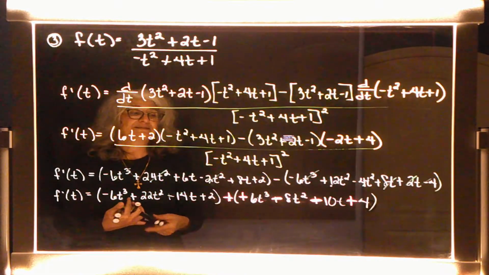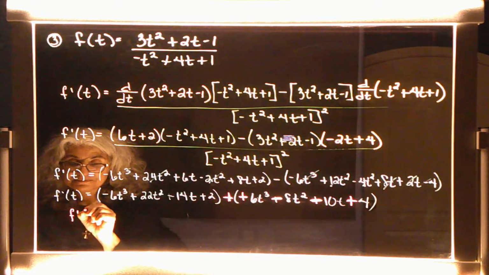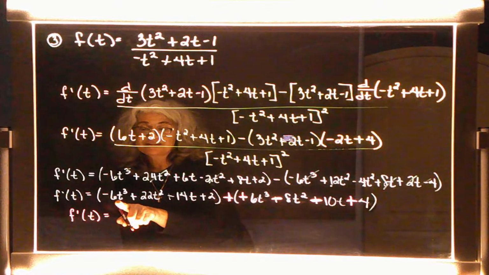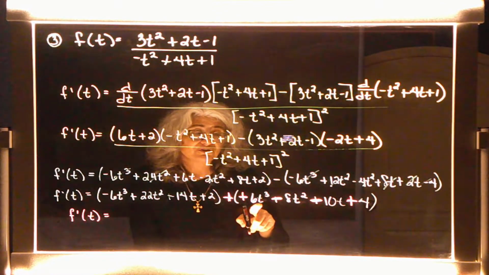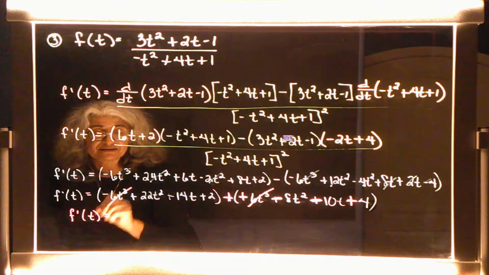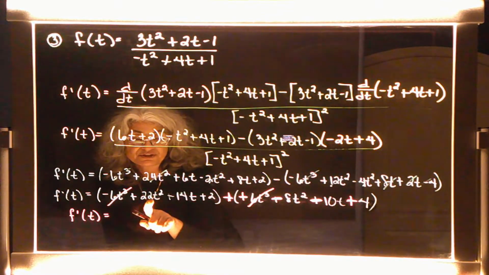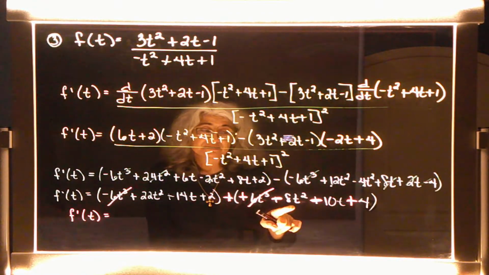So, let's get the final. So a negative 6t cubed, but then a positive 6t cubed. It looks like these two guys are going to cancel. See ya! And then a 22t squared and minus 8t squared.